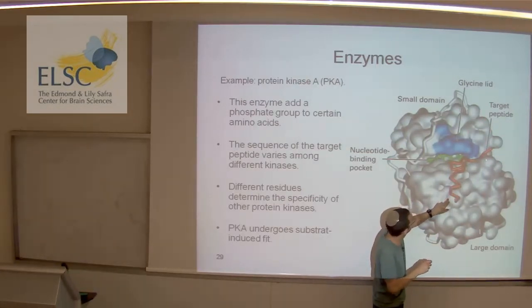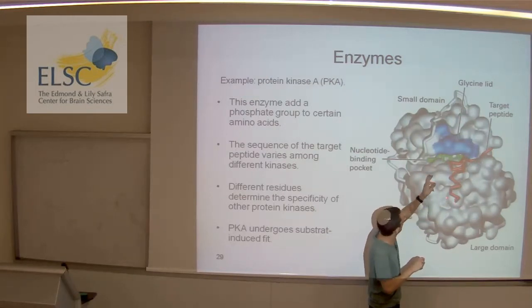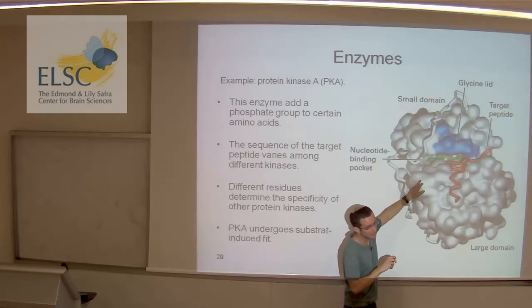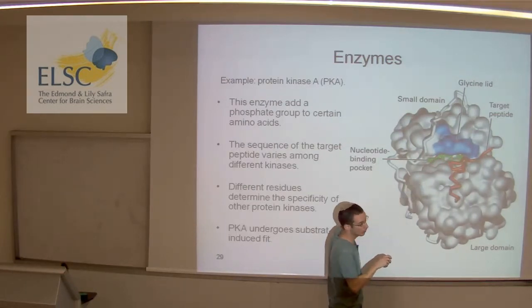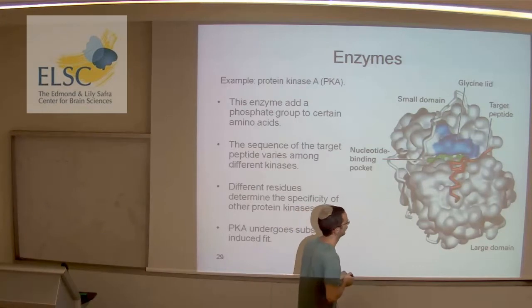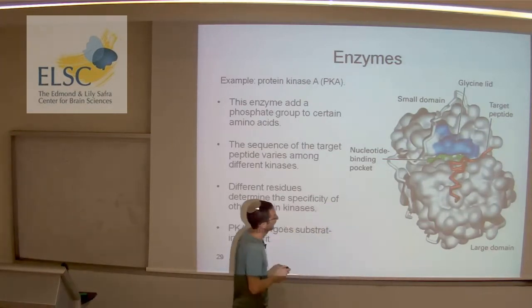So different protein kinases differ mostly in this region where they bind to the target peptide. And another site that PKA has is an ATP binding site, and we need ATP because we're about to take a phosphate from it and transfer it and link it to the target peptide, thereby performing phosphorylation on this peptide.